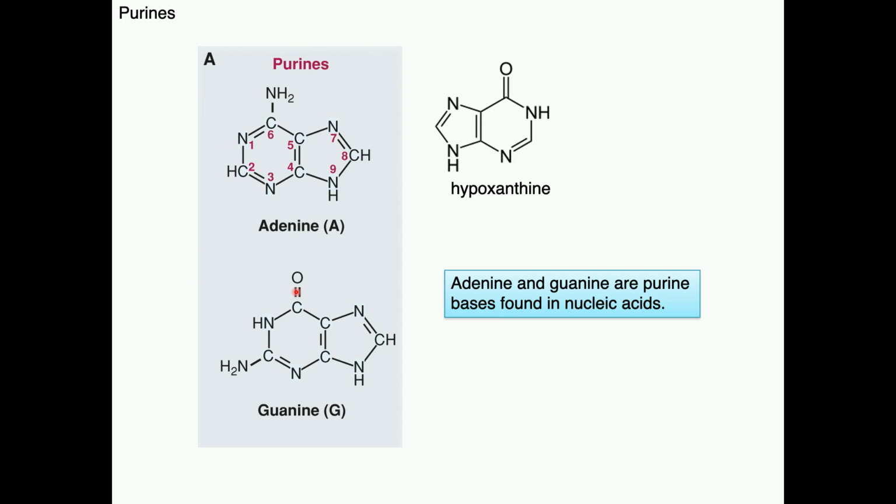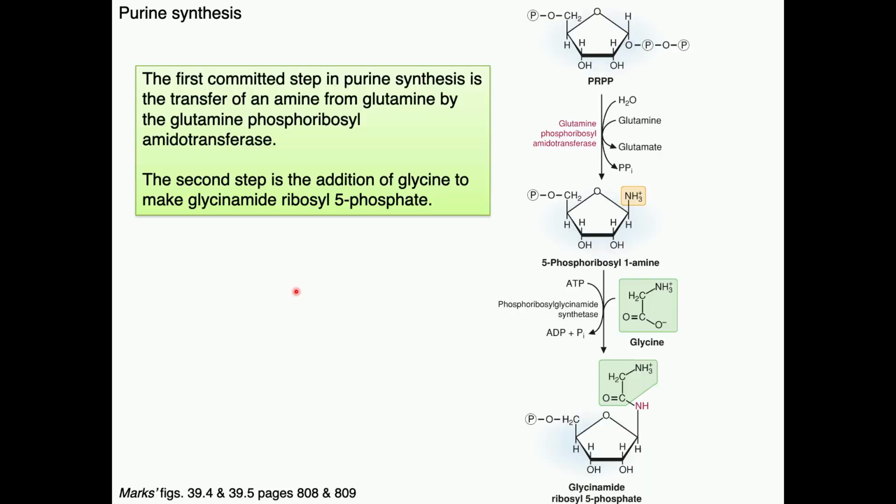Okay, so as I mentioned before, purine synthesis starts with a molecule of phosphoribosyl pyrophosphate. The purine base is then built atom by atom on the number 1 carbon of the PRPP. So the first addition is a nitrogen that comes from glutamine.